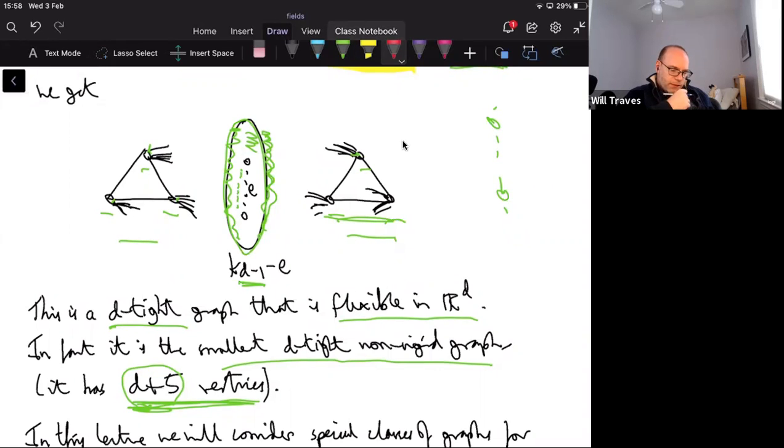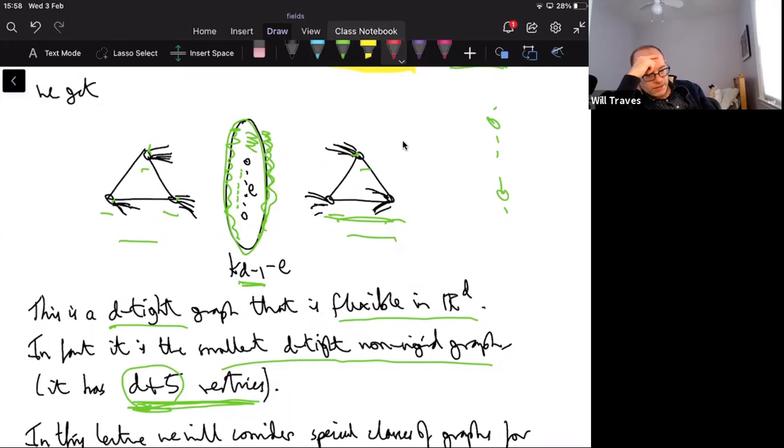I see. So is there some result that we could cite that would... I guess maybe this isn't really a well-defined question, but I'm wondering whether there's a finite list of conditions, like 3-connected, 3-tight, keep adding in conditions until you get to minimally rigid.